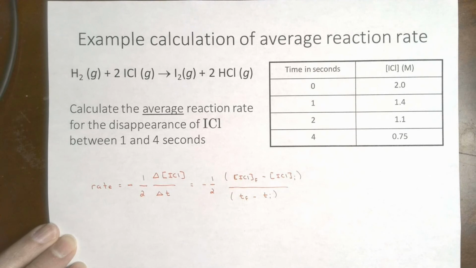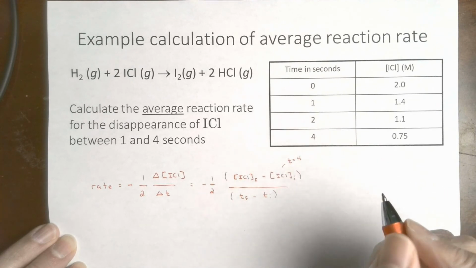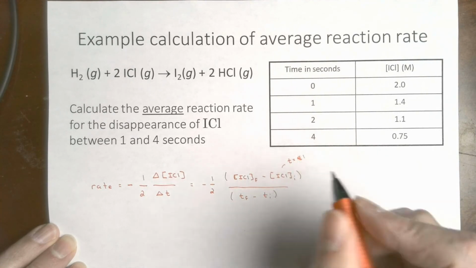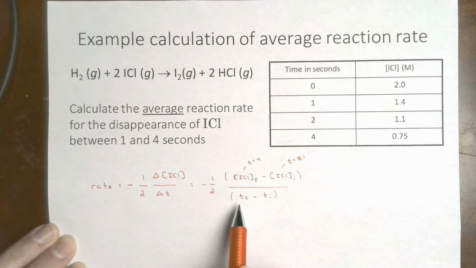We're going between 1 and 4 seconds, so the initial is at time equals 1, and the final is at time equals 4. That immediately tells us what t final and t initial are.